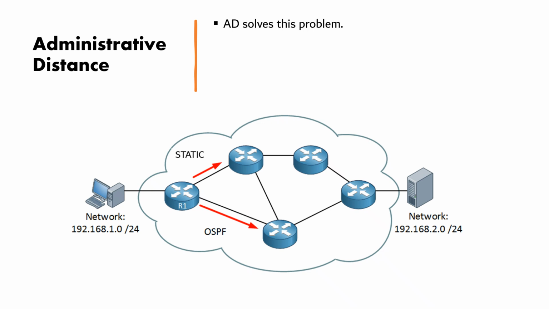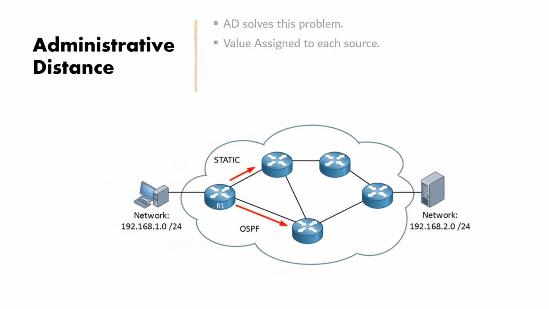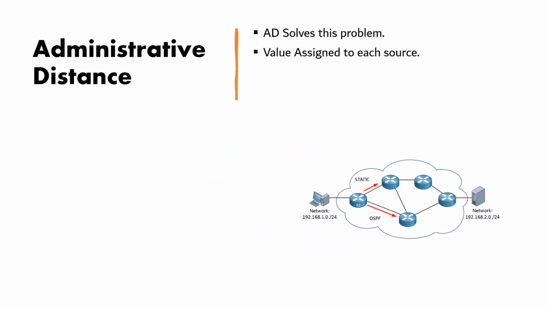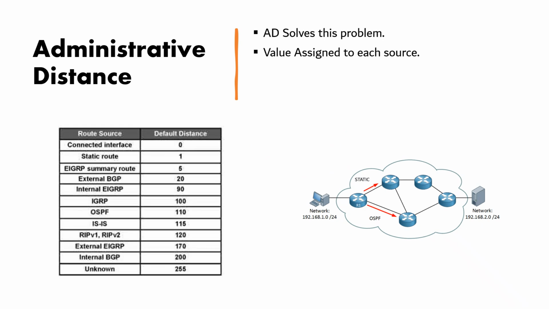The AD is a value assigned to each connected source. The smaller the administrative distance value, the more reliable the source or protocol will be. The route source with the lowest value will always be preferred.